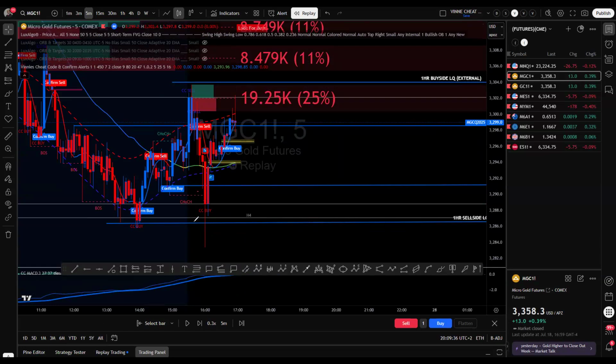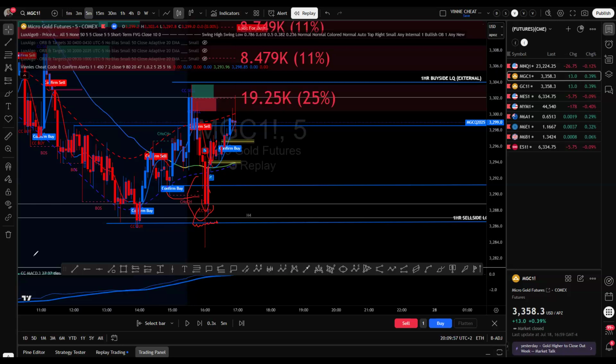Notice it did that here. It tested this external liquidity, did a huge reversal, and it broke above our change of character and started to go bullish. So price is not near external liquidity. In fact, it already has made its reversal. So it lets us know that we're possibly in a bullish trend.